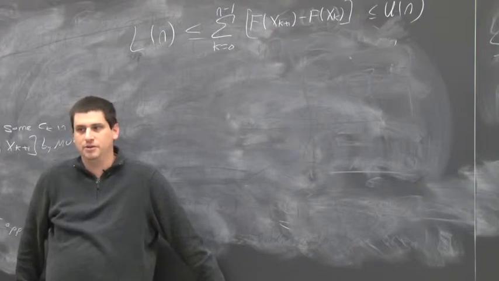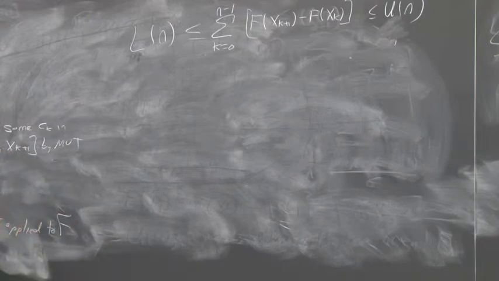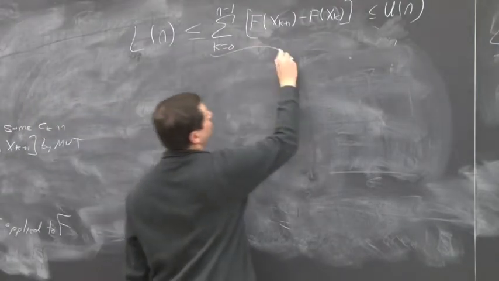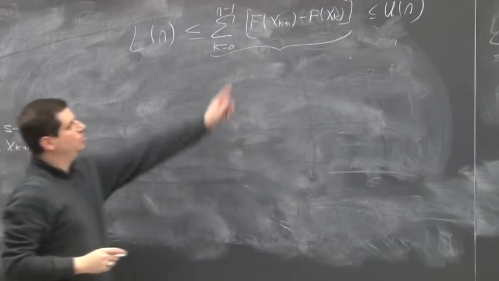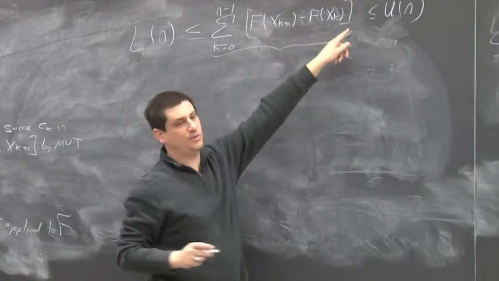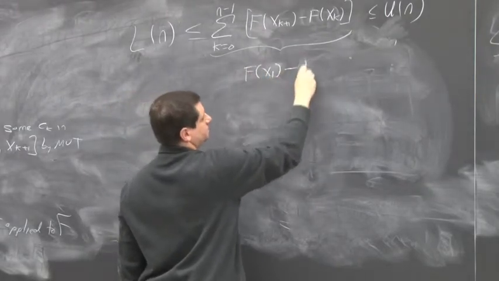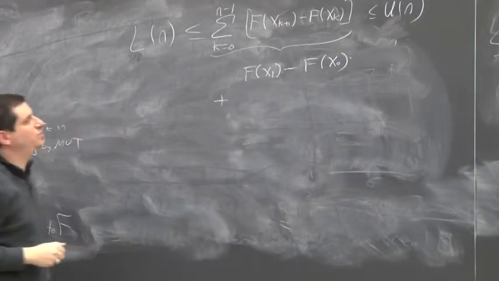Okay? So I said earlier that the easiest sum I could give you is adding a constant, because then there's no change, it's just how many terms do I have. This is actually the second easiest sum I can give you. And I'm going to expand it out to show you that this is actually a very nice friendly sum. When k equals 0, what does this become? It's f of x1 minus f of x0. What do we get when k equals 1?